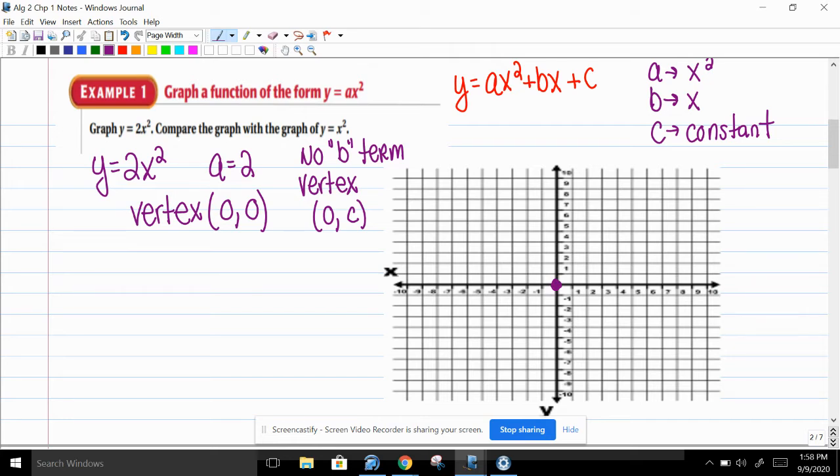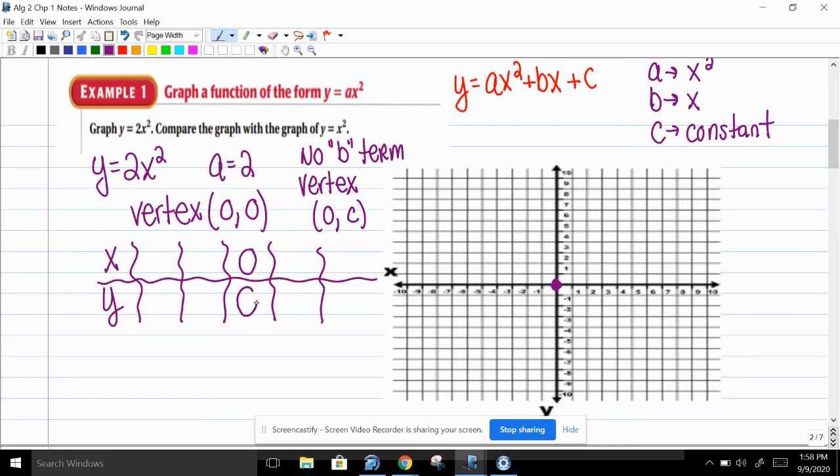Now, I don't know what the graph is going to do from here because this one's a little bit different from the parent function. So I'm going to make a table, but I can use that vertex to help me out. I'm going to find 5 ordered pairs. One of them I already know. I'm going to put the vertex, my 0, 0, in the middle because that's where I know the graph is going to change direction.